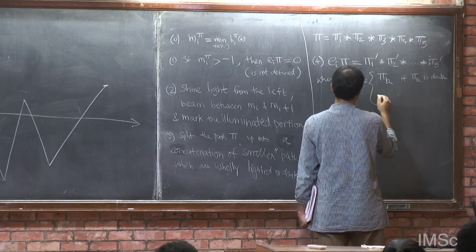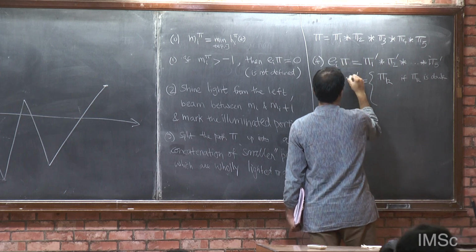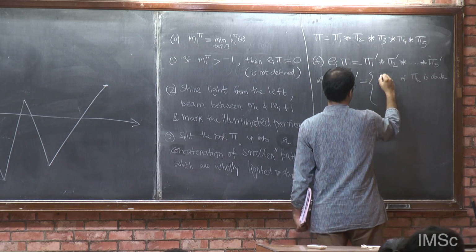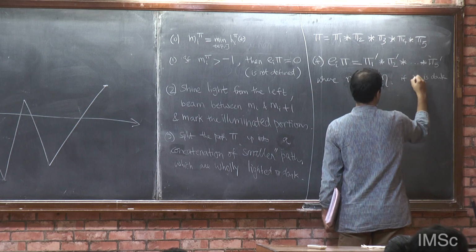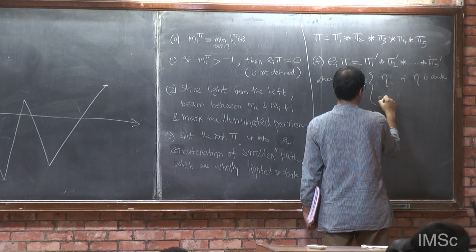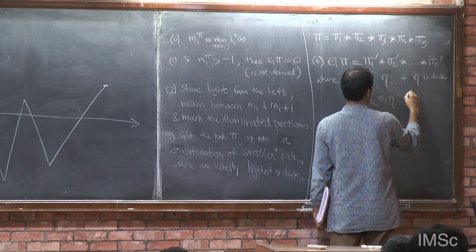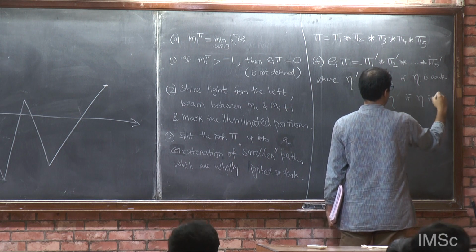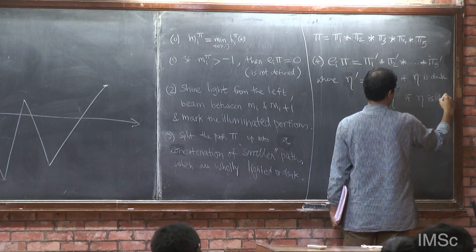In general, for any path eta, eta dash will just mean the same as eta if eta is dark, and si of eta if eta is illuminated.